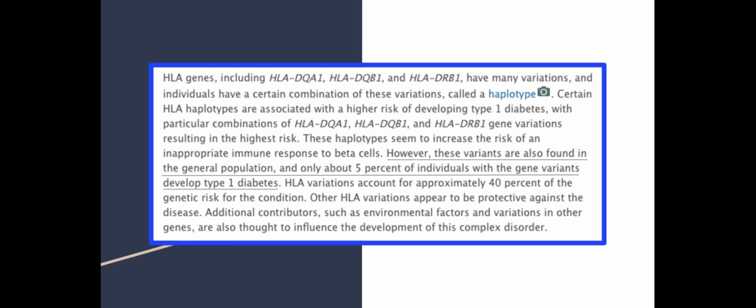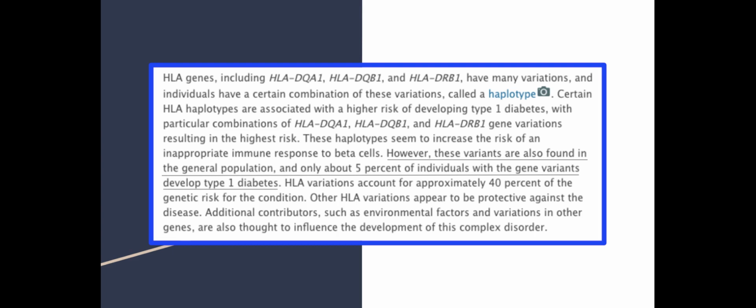The majority of those with the same genes that we have don't have type 1 diabetes. 5%? That is so not convincing. That is not at all convincing. So only 5% of the people with the quote unquote type 1 diabetes genes are actually type 1 diabetic. That plants seeds of doubt in my mind. Big, big seeds of doubt.